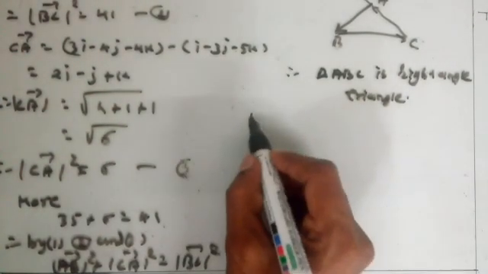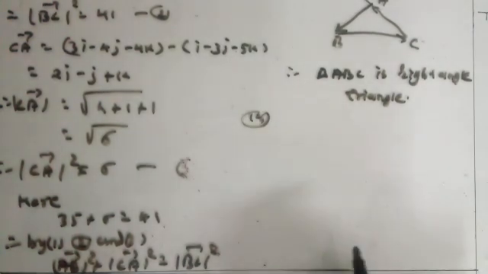Now question number 18. In a triangle ABC, which of the following is not true?